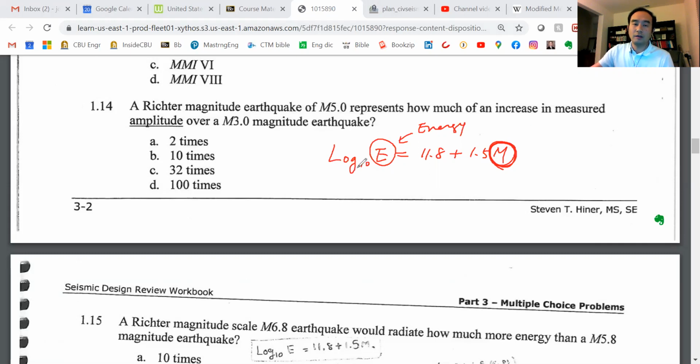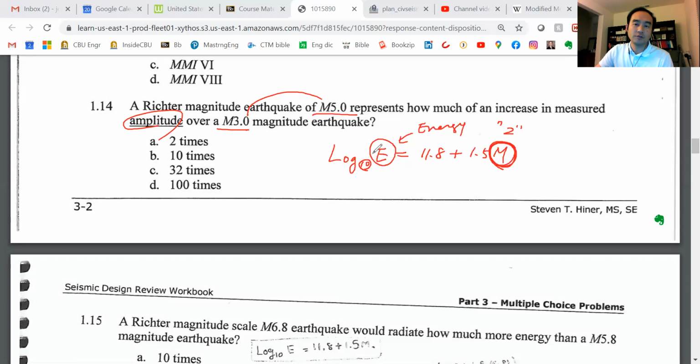So the bottom line is, the question is, here we have a 5.0 magnitude and 3.0 magnitude. What is the difference between these two earthquake in terms of the amplitude, right? So because this is a log function and the base is 10, and we have a 2 difference between 3 and 5, right?